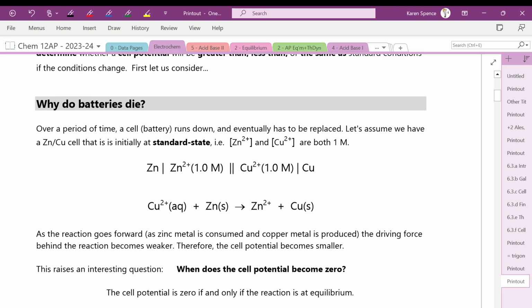So you finished reading? So when does cell potential become zero? When the reaction is at equilibrium. And what does that mean that your battery is like? Your battery is dead.